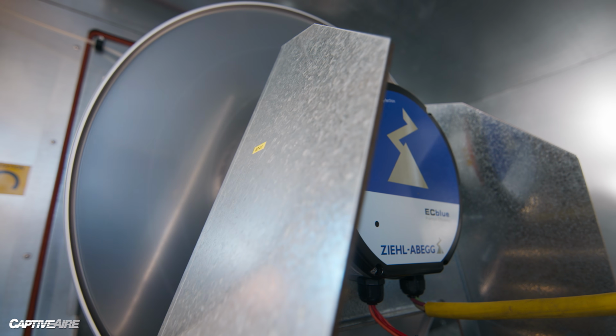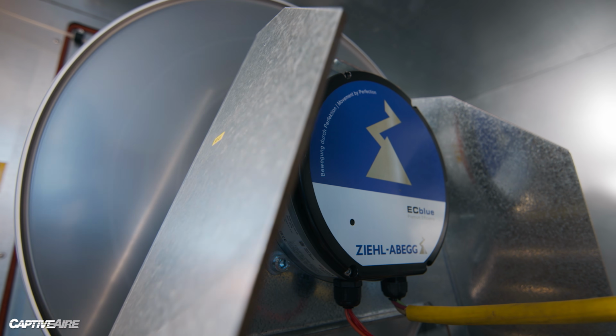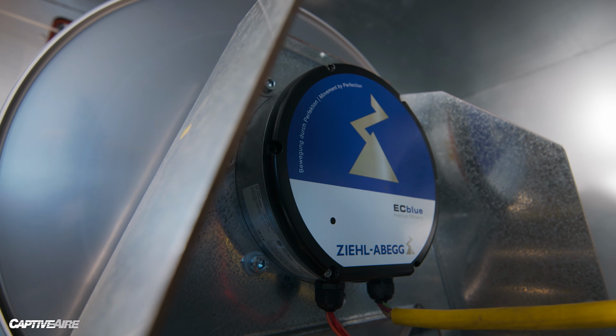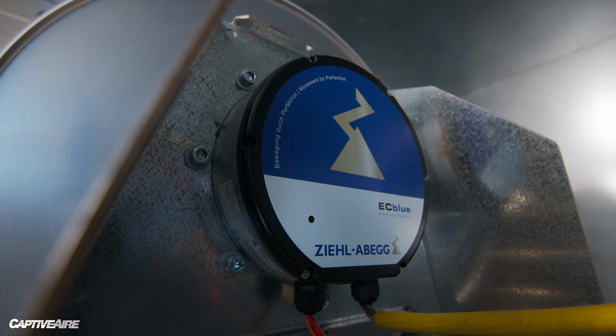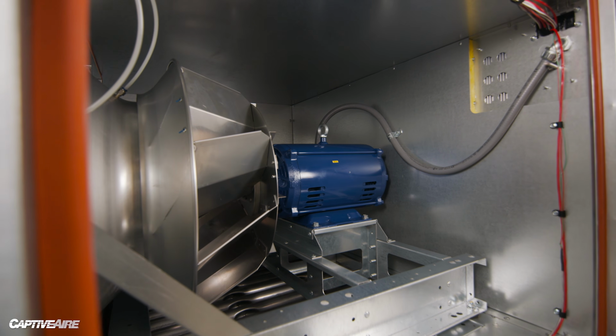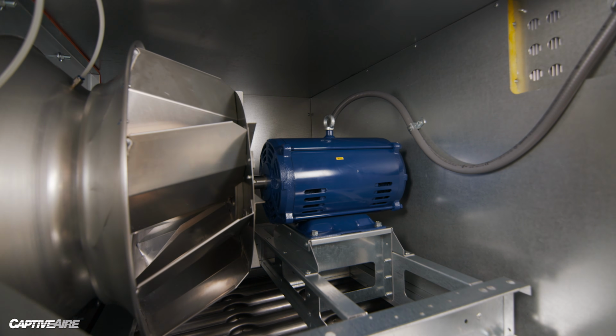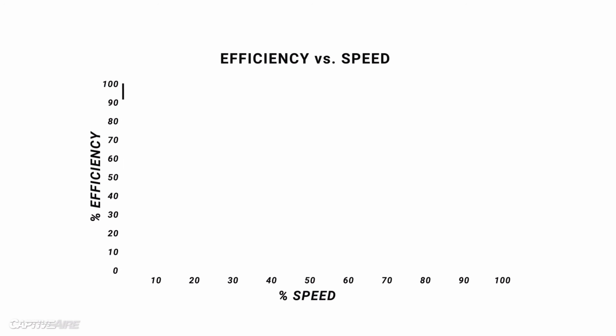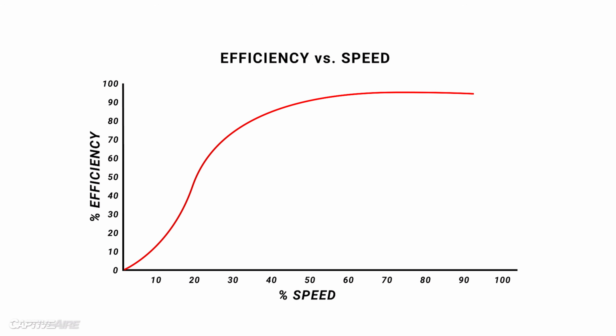So for EC motors, because that motor is coupled with that drive, the efficiency is very high to start, and as you turn the RPM down for those motors, the efficiency stays very linear for the most part. It doesn't drop off as fast as an AC induction motor. AC induction motors, we use premium efficiency motors, so you're looking at 90 to over 90% efficient motors, but a lot of those motors have a peak efficiency to them, and as you turn them down too far, you start to run into issues with efficiency dropping off if you look at the actual efficiency curves.